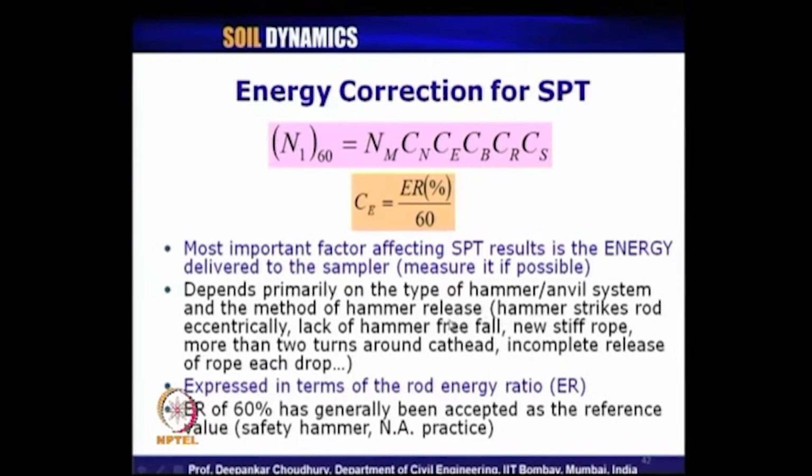These are the factors which change how much energy is transferred. It is expressed in terms of rod energy ratio ER, and ER 60% has generally been accepted as the reference value for the safety hammer.